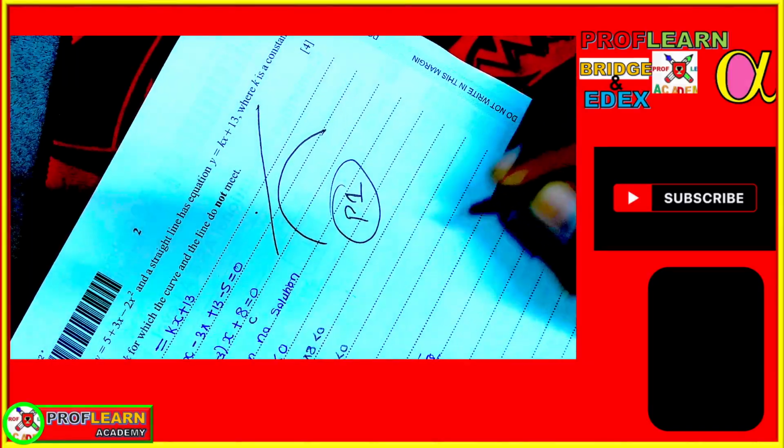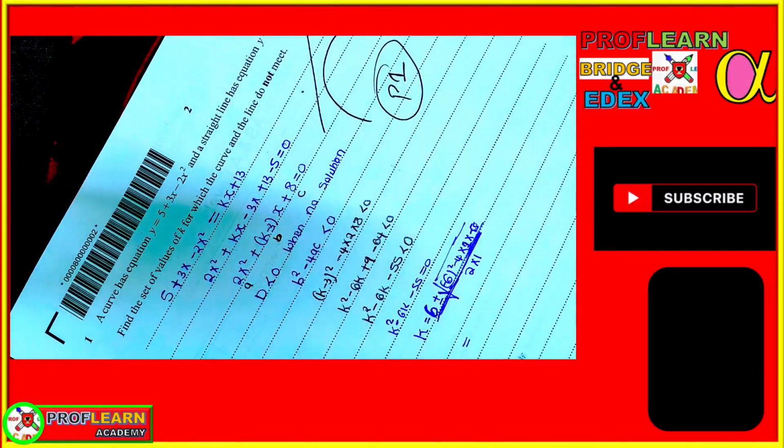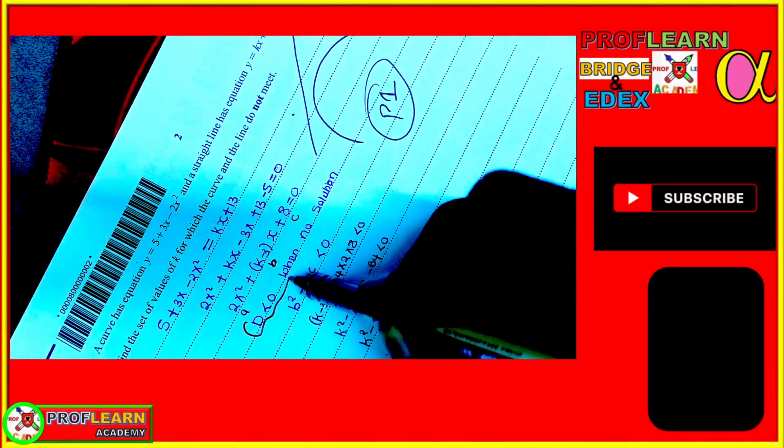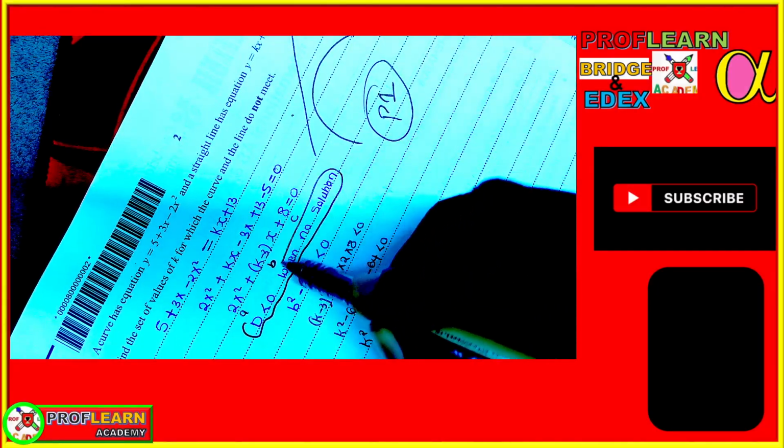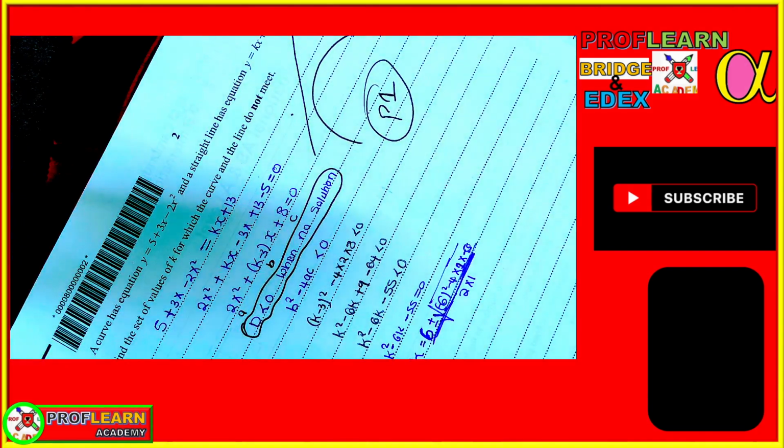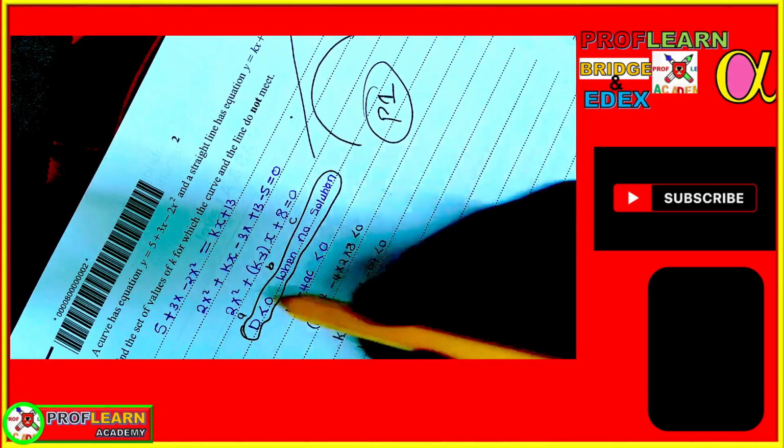At this point, the concept you are going to use is that the discriminant is less than 0. That is the knowledge you are going to use in order to answer this question.